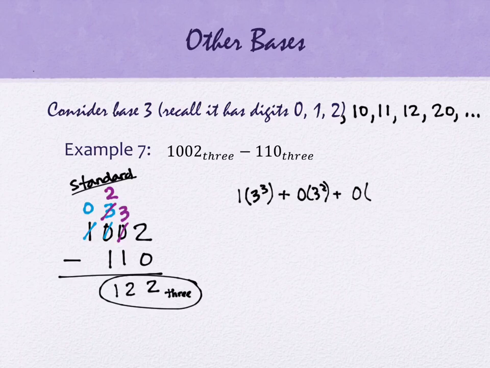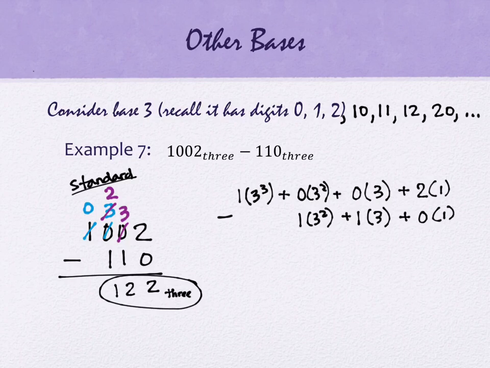We have 0 in the 3's place, or 3 to the 1 if you prefer. And then we have a 2 in the 1's place. That's what expanded looks like in base 3. And we're subtracting from that 1 in the 3 squared place, and 1 in the 3's place, and 0 in the 1's place.